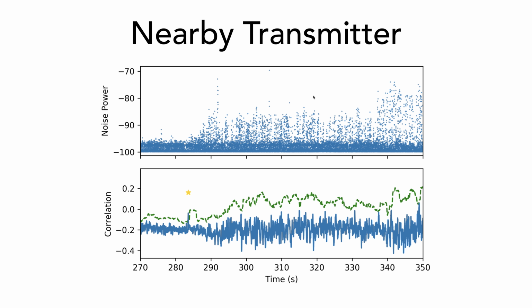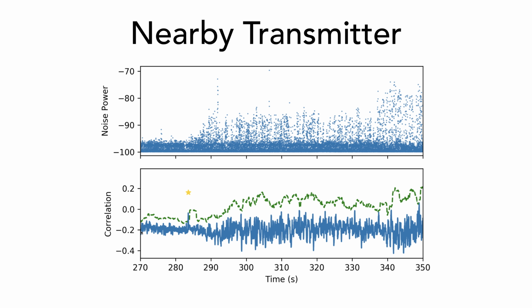So this graph here, the top part of the graph is our raw noise power measurement. So here at the beginning, no one was transmitting data. No transmission was happening, and then we started transmitting some amount of data right here, and then what we call a powerful transmitter was transmitting. So all of a sudden, it just skyrockets the signal strength. And this isn't that strong of a signal, but compared to what ONPC is looking at, it's much more powerful.